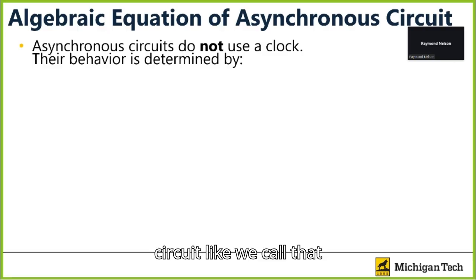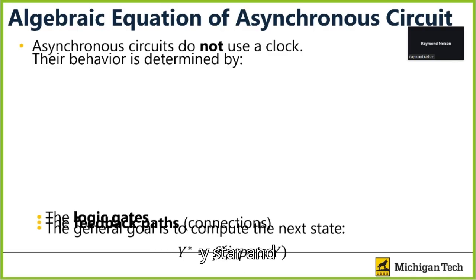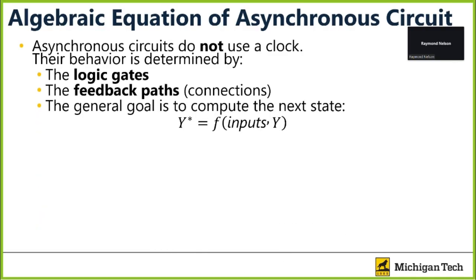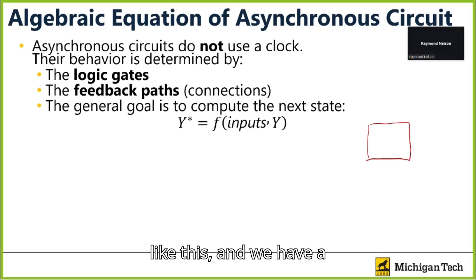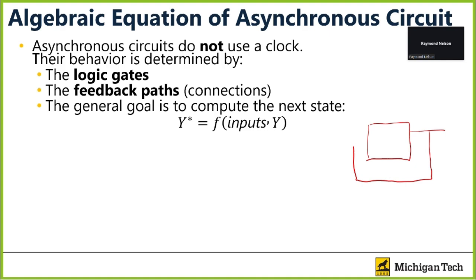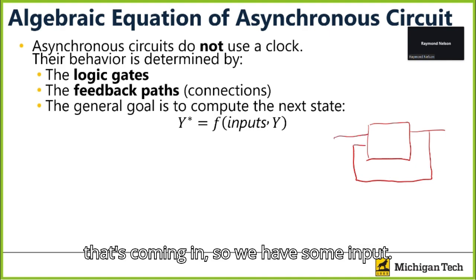We call that Y star and Y. So if we have a sequential circuit like this, and we have a loop coming in, so we have some input.